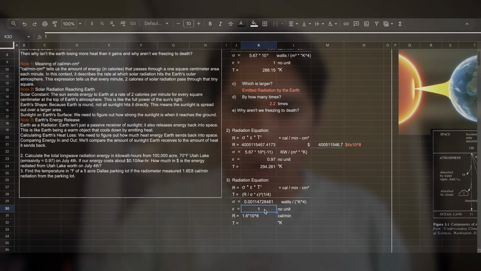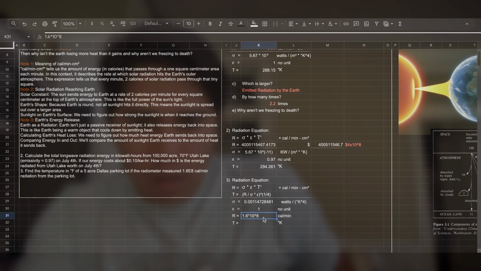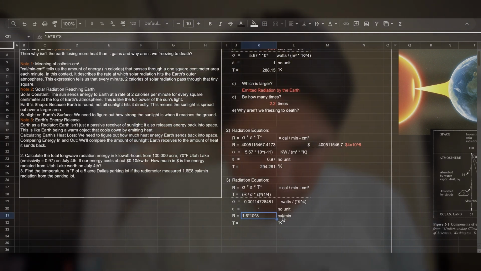Now the emissivity is 1, and the radiation we're given is this value, in calories per minute. Now we need to use the radiation equation.